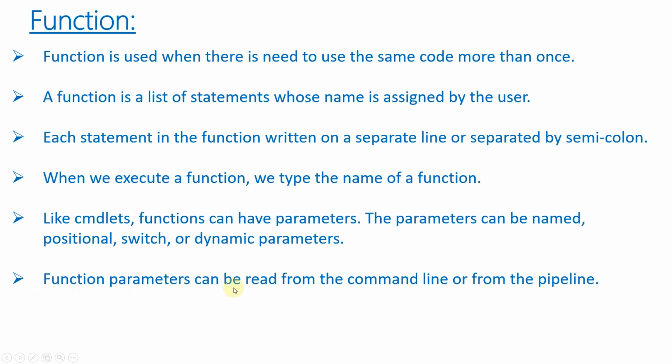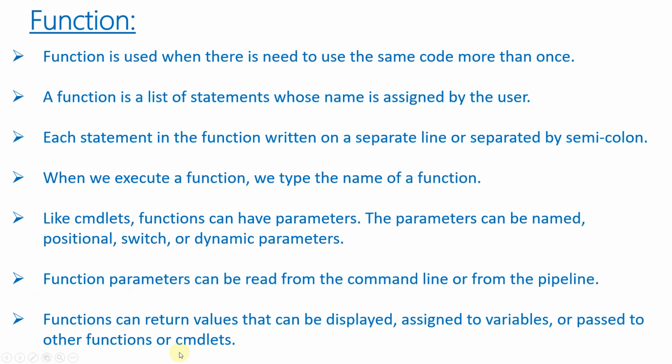Either it can read from the command line, or we can also pass parameters from the pipeline. After the function gets executed, it can return values, and those values can be displayed, or assigned to a variable, or passed to other functions, or even passed to cmdlets.